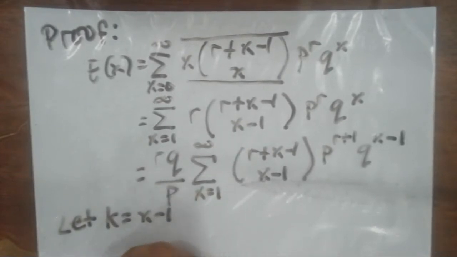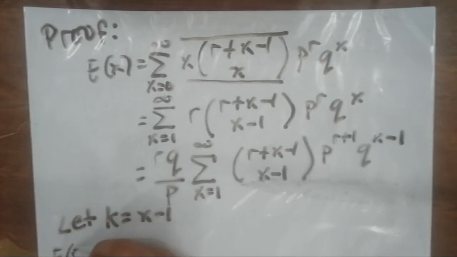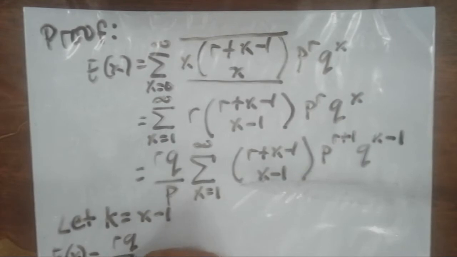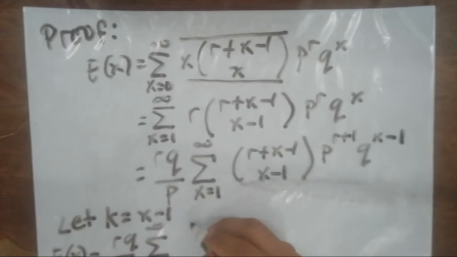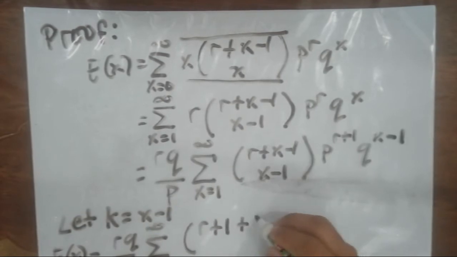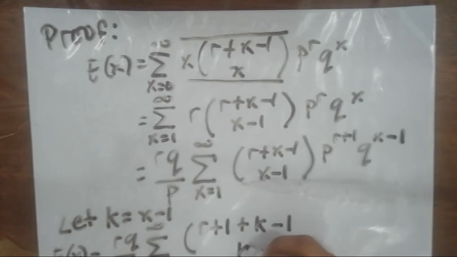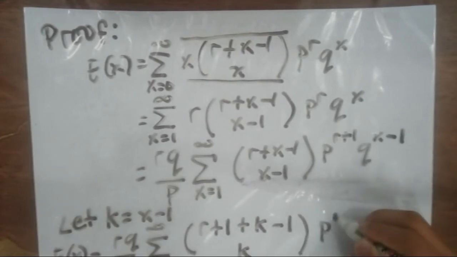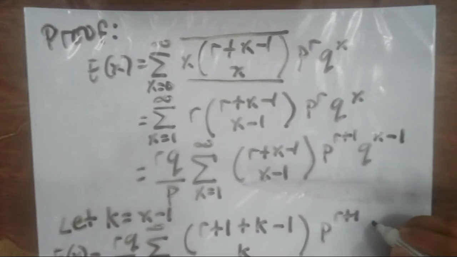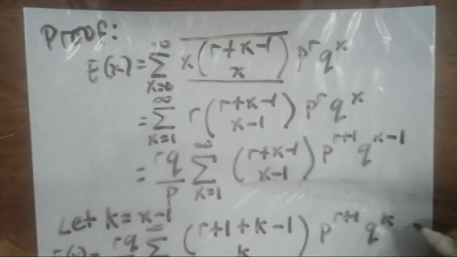So the expectation of X is r q over p times the summation of the combination of r plus 1 plus k minus 1 taken k, p raised to r plus 1, q raised to k.